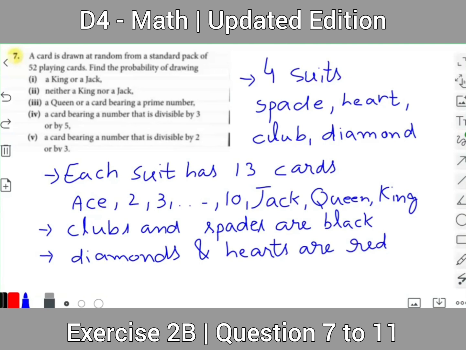And all the jack, queen, and king cards are also known as picture cards. So, hence, we have understood the standard pack of 52 playing cards.